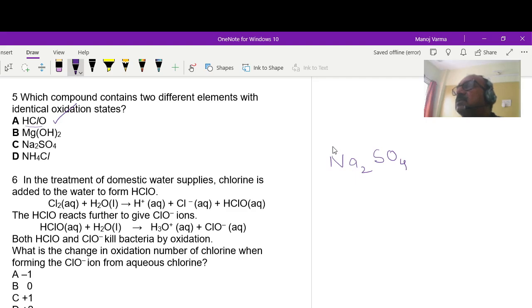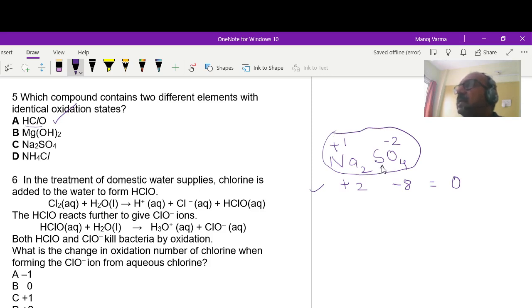See this, sodium is +1 because it's in the first group. The total becomes +2, right? Oxygen is -2, that is in the rule, so the total here is -8. Now the sum of this lower row should be equal to 0, because Na2SO4, the whole compound, is neutral.